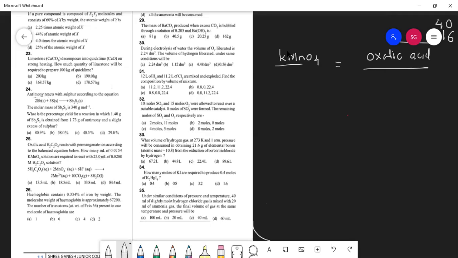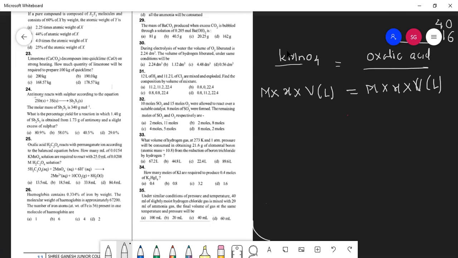When molarity is given, volume is given: M into X into volume in liter. Very good. M into X into volume in liter.